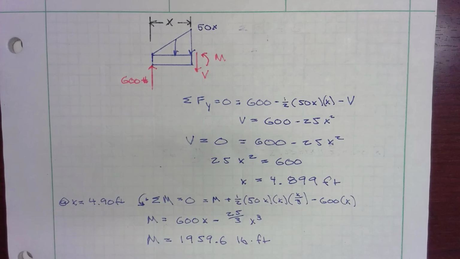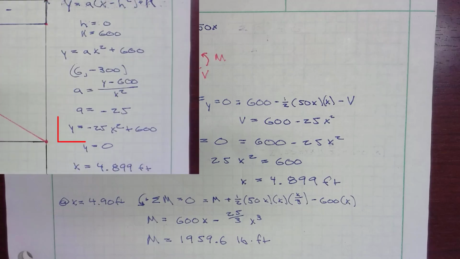In this case, we know what x is: x is equal to 4.9. And so we get moment is equal to 600x minus 25/3 x to the third. Now, you'll note that's kind of interesting, because if I had taken the equation of my parabola, which I determined earlier, and multiplied by x, that's what I get.